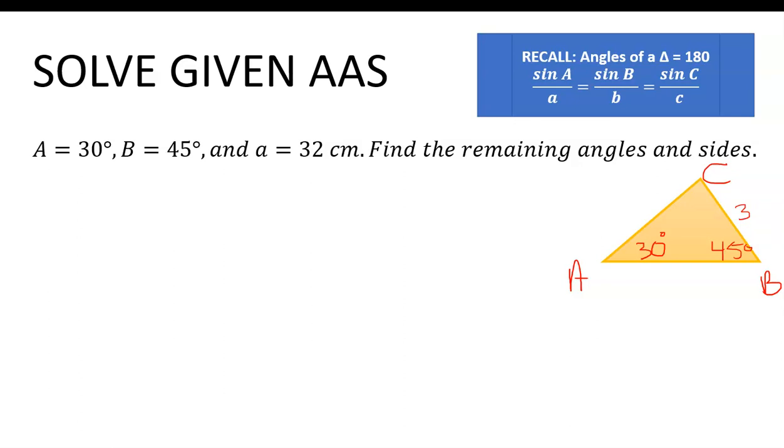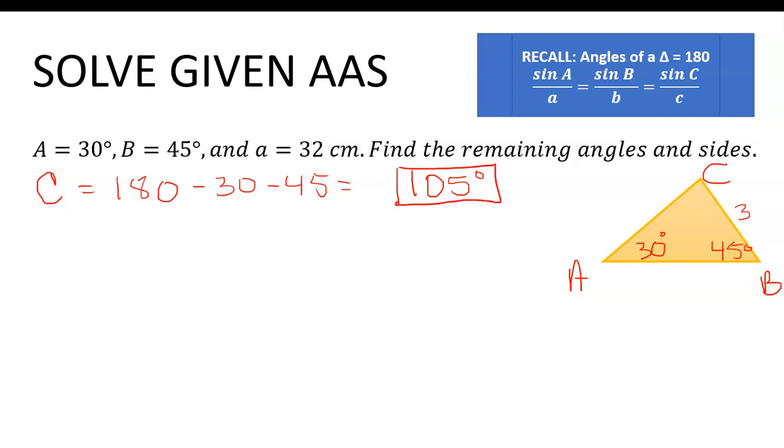First thing to do, first I would find the measure of angle capital C. Reason being, look in your recall button. The angles of a triangle all equal 180. So if I subtract the A and B that were already given, then I will get my C. So yay, I have one answer.